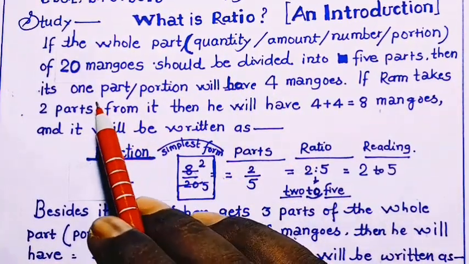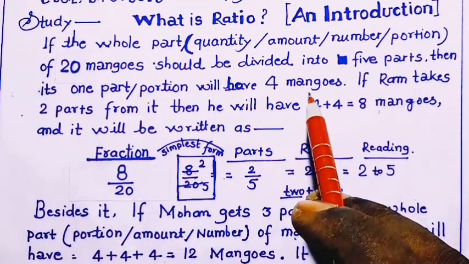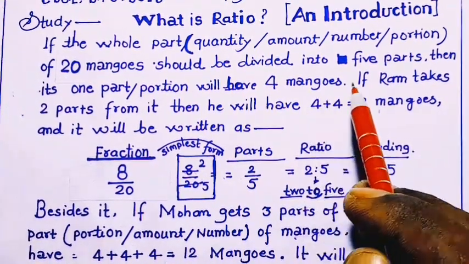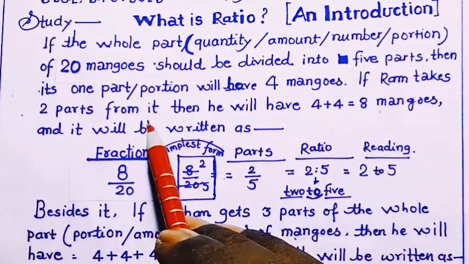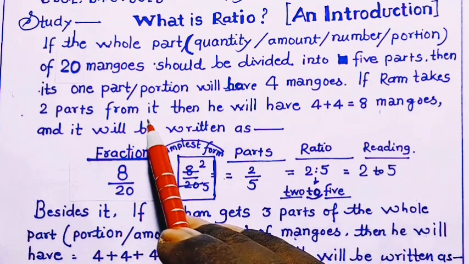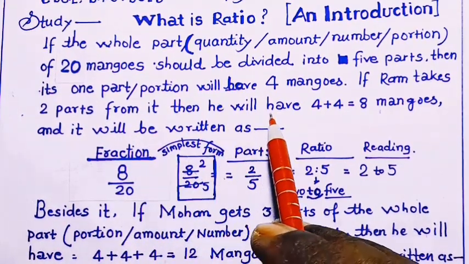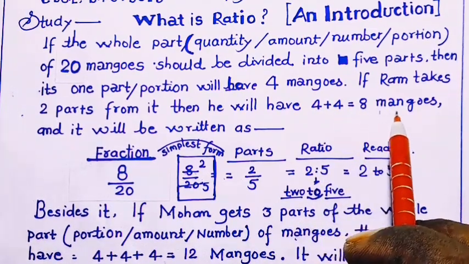Then each part will have 4 mangoes. If Ram takes 2 parts from it, then he will have 4 plus 4 equal to 8 mangoes.